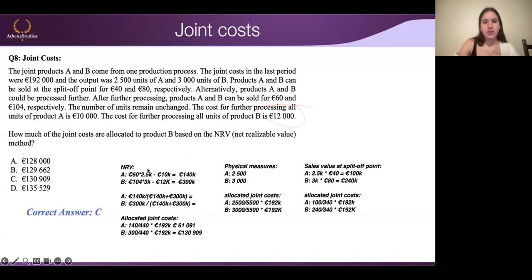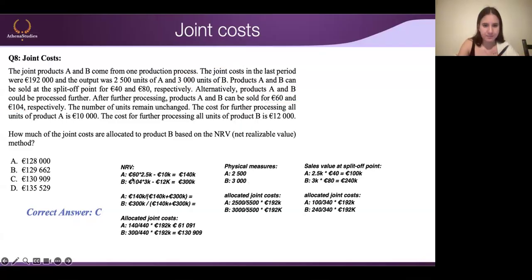You have 2,500 units of good A and 3,000 units of good B produced at the split off. You have to multiply that by the sales value of your final good, which is 60 and 104 respectively.